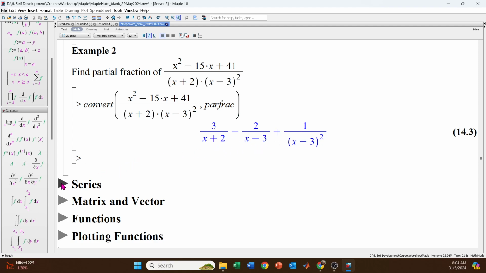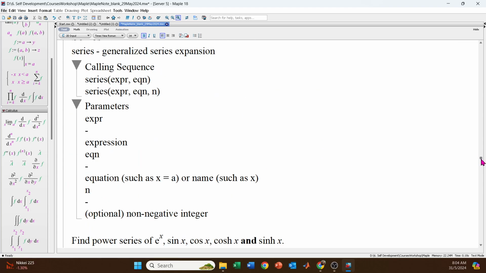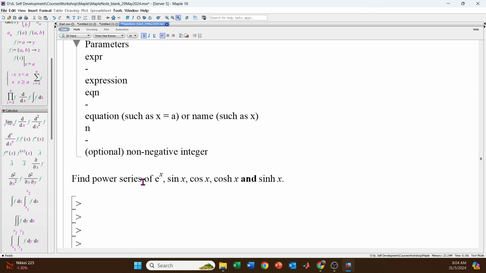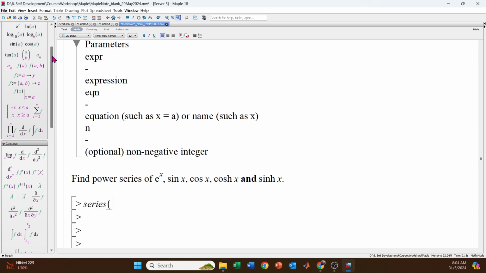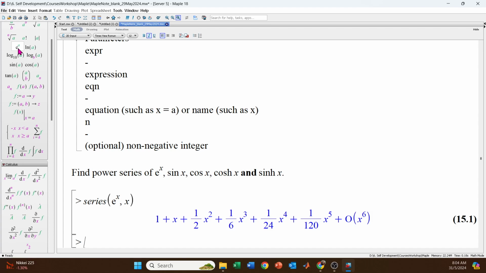Okay, later on, series, to generate a series expansion. For example, to find the power series of exponent x, it's just series. Click the exponent template, like this.